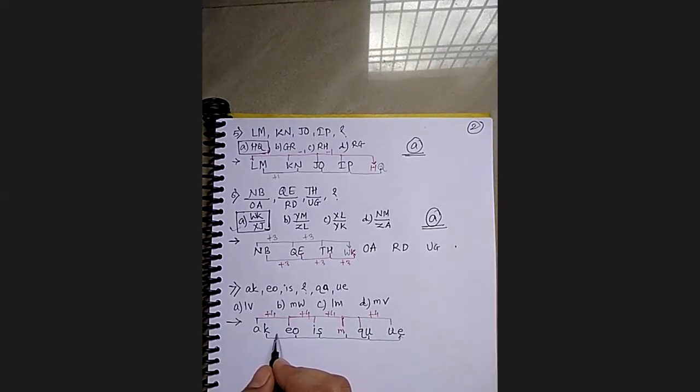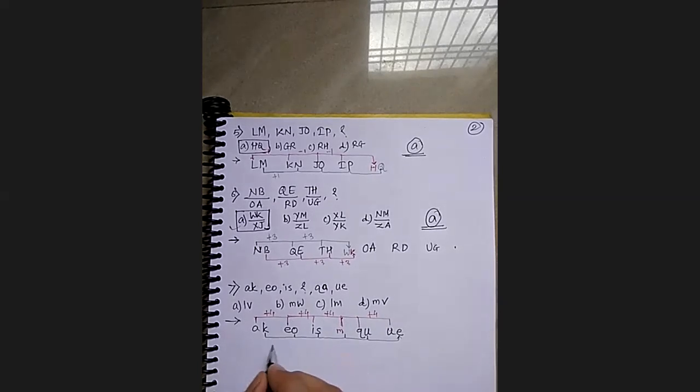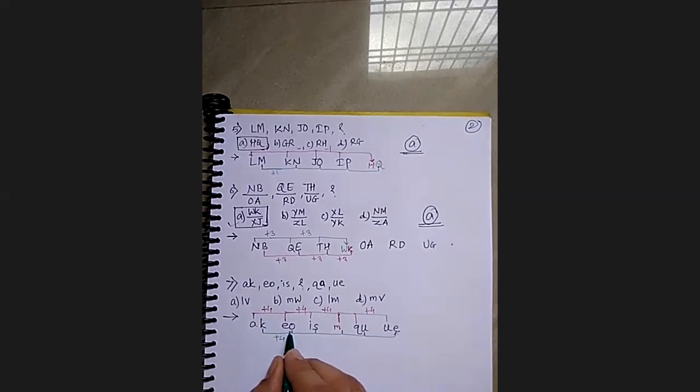So K, L, M, N, O. So it is plus 4, right? So plus 4, that means again plus 4 is existing. So O plus 4 is S. Now S plus 4 is U.